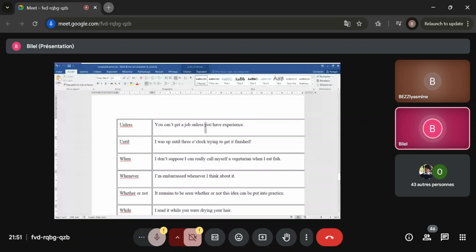So what comes after the subordinating conjunction is the dependent clause. So this part is the dependent clause. This part is the independent clause. So all of this sentence, we call it a complex sentence.